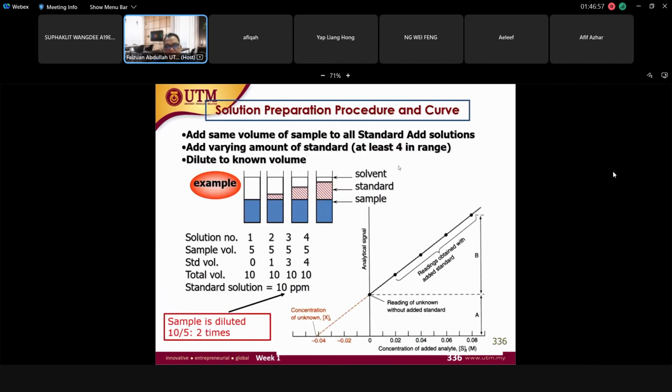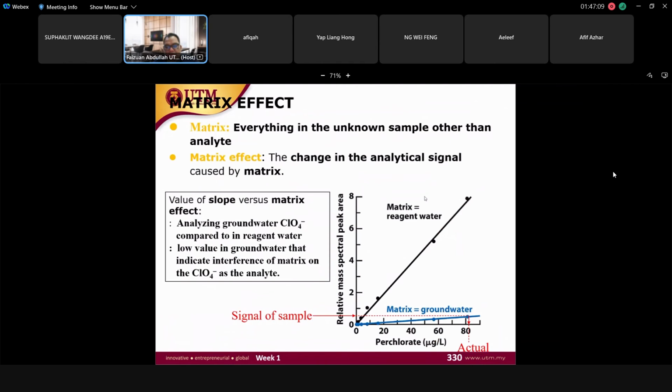So when you read, the instrument will not detect starting from 0 as in the external calibration. Let me show you again how the graph of the normal calibration looks. You prepare all the standard solutions from 0 up to the highest concentration, for example 8 ppm.